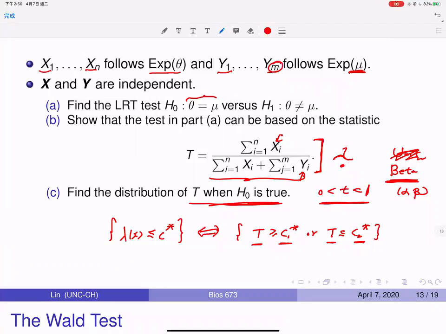Right? But actually, there are so-called paired t-tests already. You know how paired t-tests work, don't you? So even though we call it a paired t-test, it's actually nothing but taking a difference, di equals yi minus xi, and then testing whether or not the mean of di is 0, right?